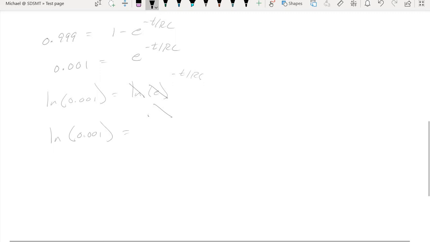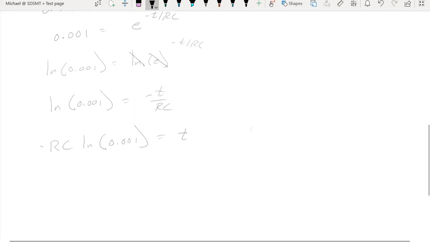And what I'm left with, once I remove the exponential, the t over RC term now drops down, and we can move that around algebraically. I will multiply each side by RC, and that equals a negative t, but I can bring the negative side over and I get a t there.